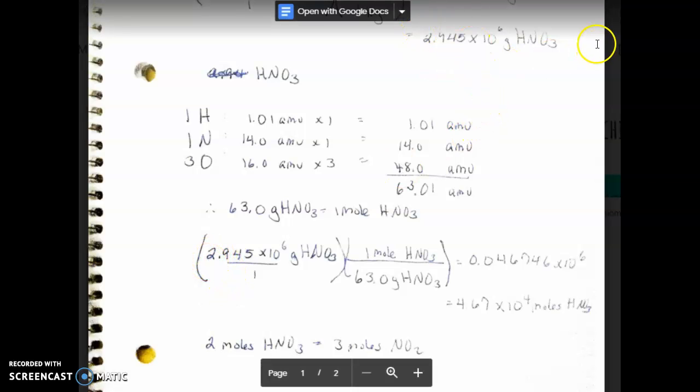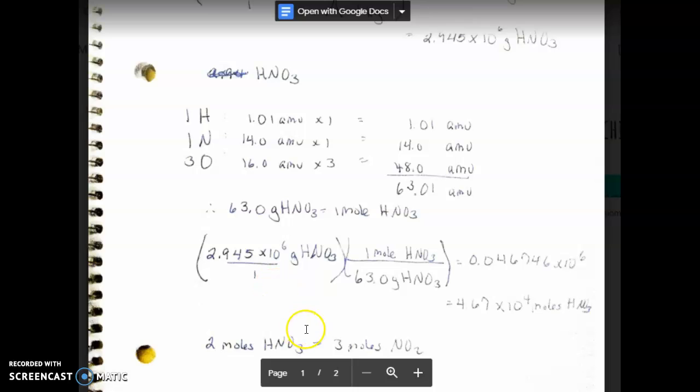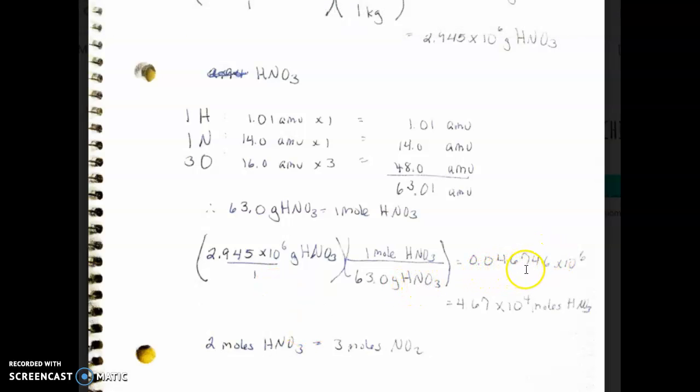So we take the number that we were given and write it over 1. So we have 2.945 times 10 to the 6 grams of HNO3. Then we multiply that by the fraction of 1 mole of HNO3 over 63.0 grams of HNO3, so that these grams cancel, leaving us with 0.046746 times 10 to the 6 moles of HNO3.